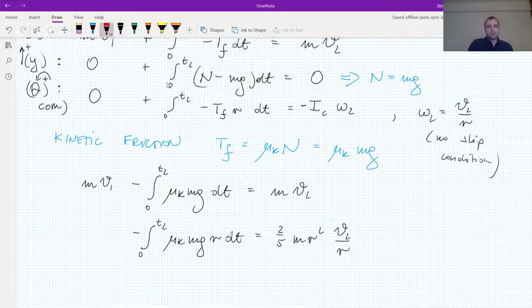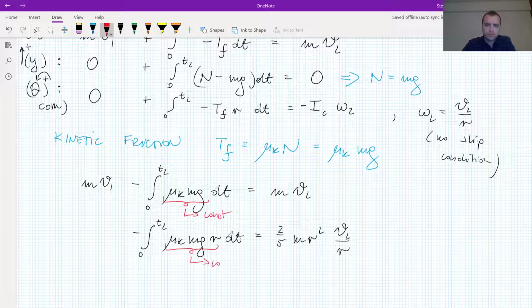Okay, I would like to integrate, and I think that this integration will be pretty simple because our integrands are constant. This is constant, and also this is constant. So we can actually rewrite our equations in the following way.